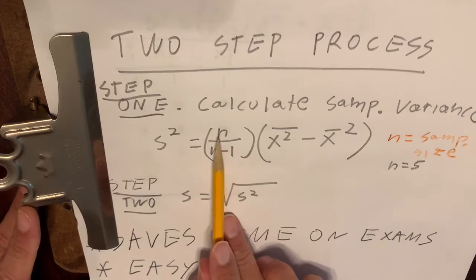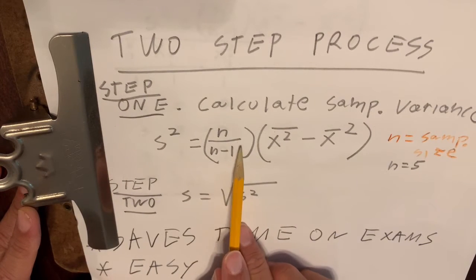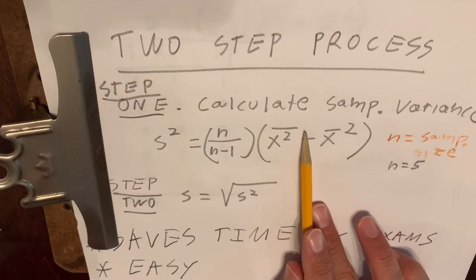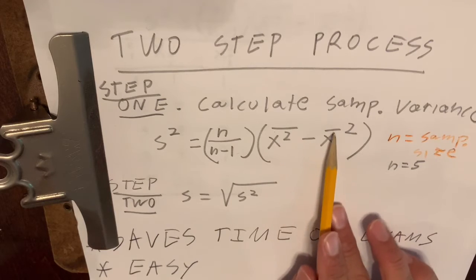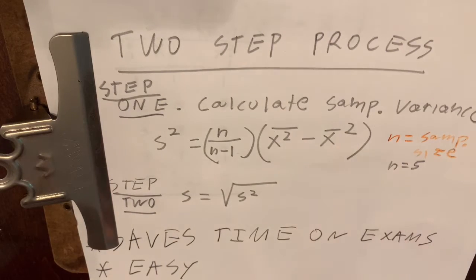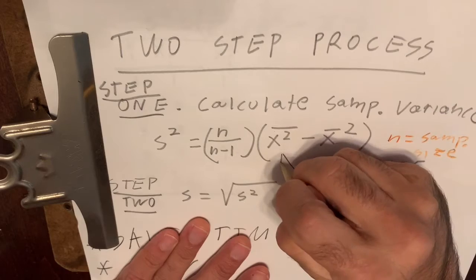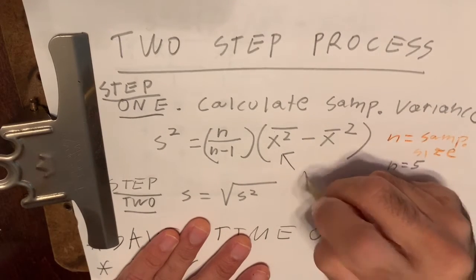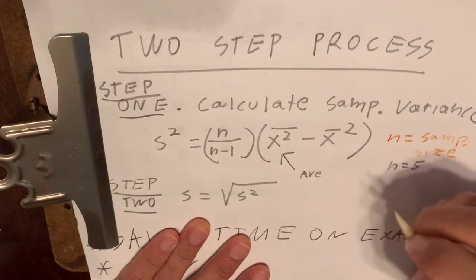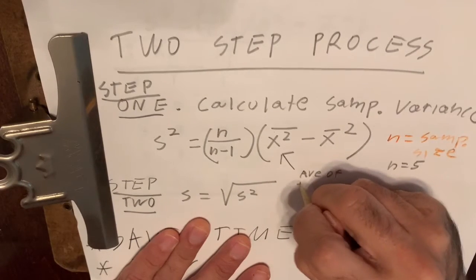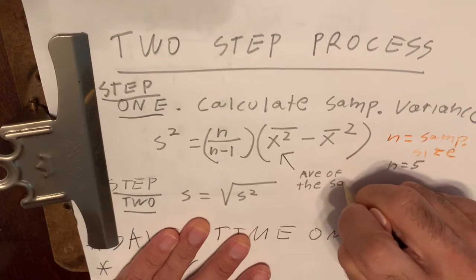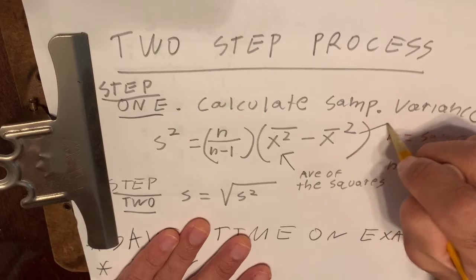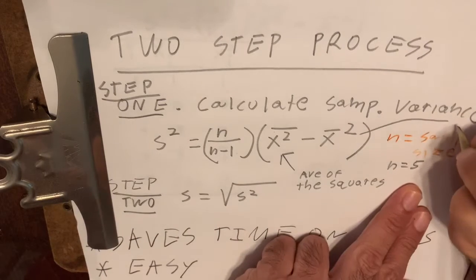Okay, so if n is 5, n minus 1 is 4. So this would be a 5, this would be a 4. Now here we have an x squared with a bar over it, and here we have x bar squared. These mean different things. This means the average of the squares, and this symbol here means the square of the average.